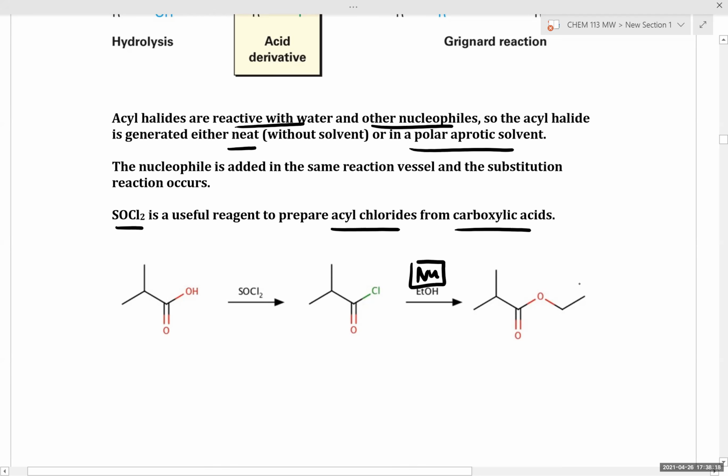Does this idea of the acyl chloride as a useful starting material make sense to everyone? Any questions I can address? Okay.